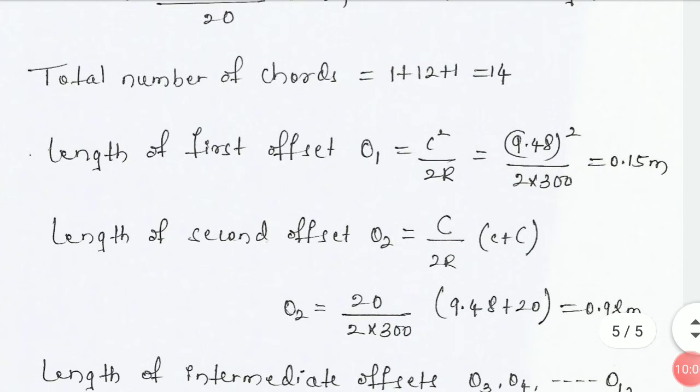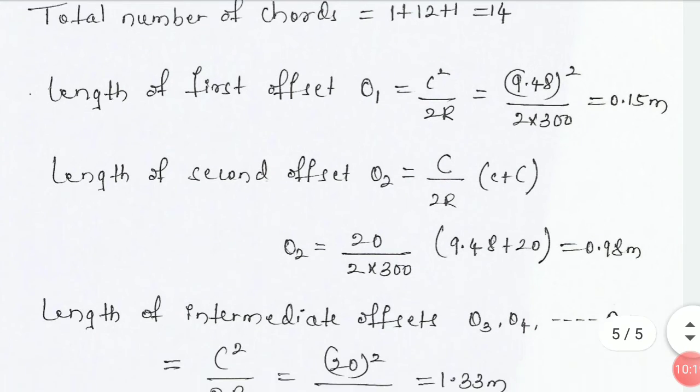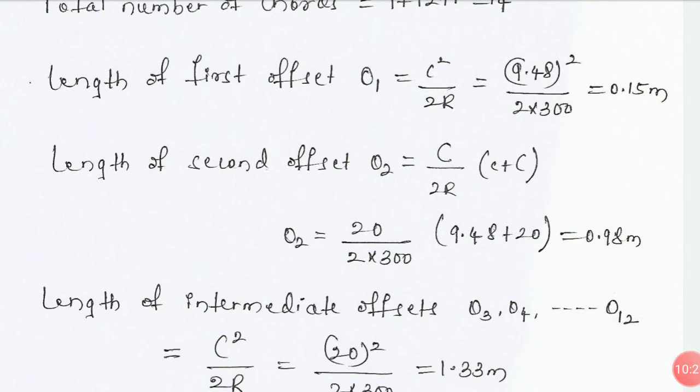Okay, from deflection distance method we have length of first offset O1 is small c square by 2R. Small c is length of first chord, that is 9.48 square by 2R. I have 0.15 meters. Next, length of second offset is capital C by 2R into small c plus capital C. Capital C is what? Intervals given 20 meters.